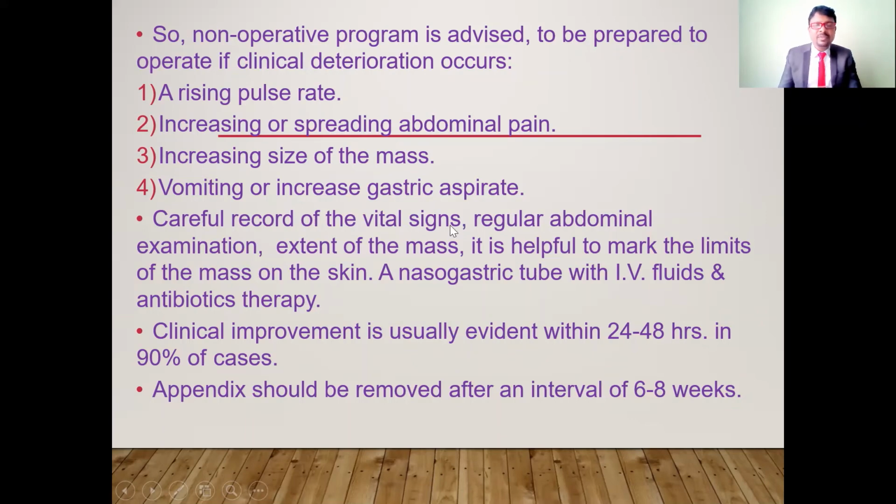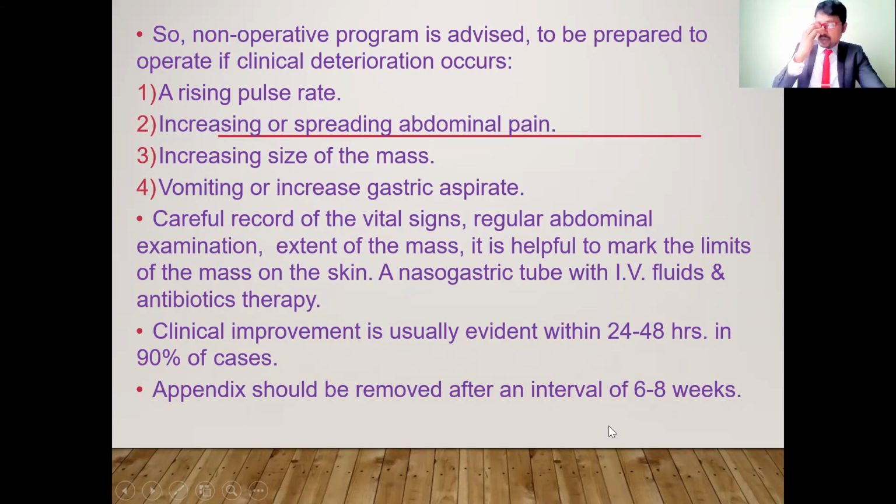Keep a careful record of the vital signs and do regular abdominal examinations, noting the extent of the mass. It is helpful to mark the limit of the mass on the skin. Give a nasogastric tube with IV fluids and antibiotic therapy, and clinical improvement is usually evident within 24 to 48 hours in 90% of the cases. The appendix should be removed after an interval of 6 to 8 weeks.